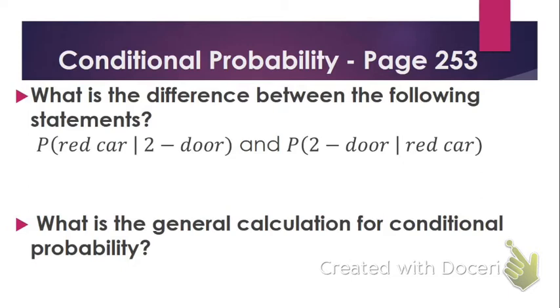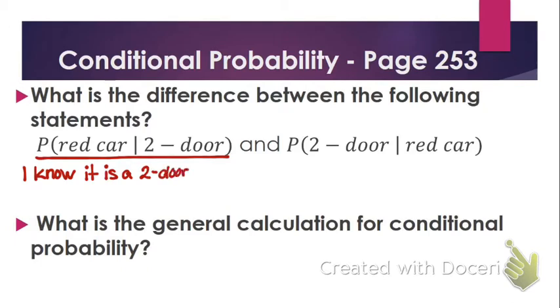What is the meaning of the first one here? I know it's a two-door car, so what is the probability it's red?